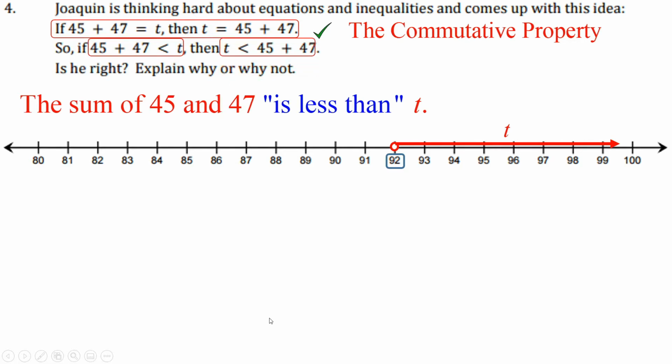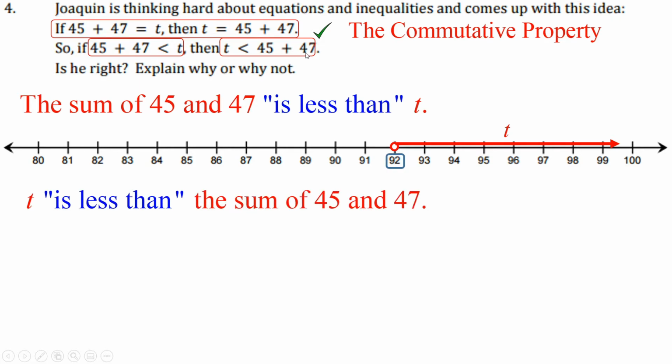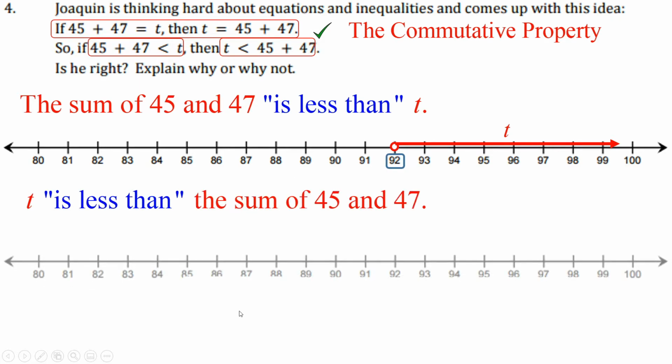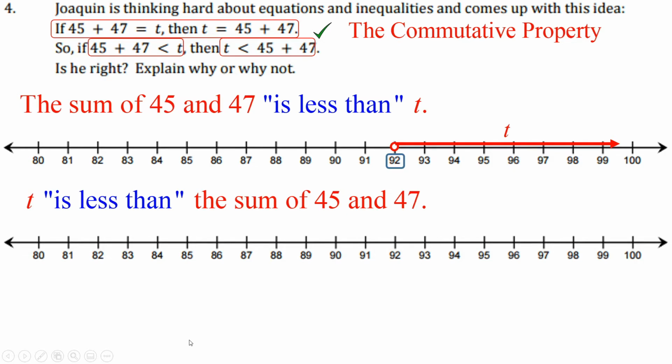Now, let's do it the other way. So literally, what does this say? t is less than the sum of 45 and 47. Okay, there's our number line again. And now the sum of 45 and 47 is still 92. Open dot, there's no equal, less than. So t is less than the sum of 45 and 47.